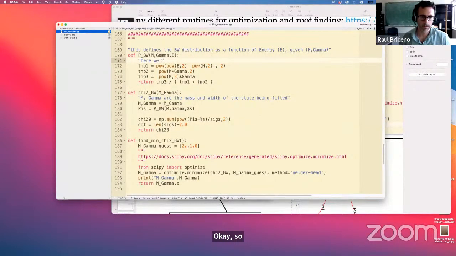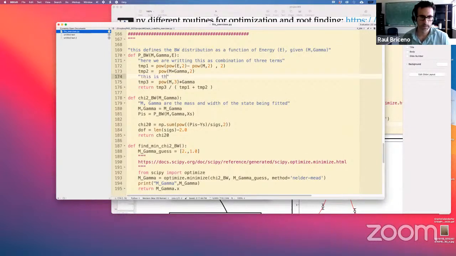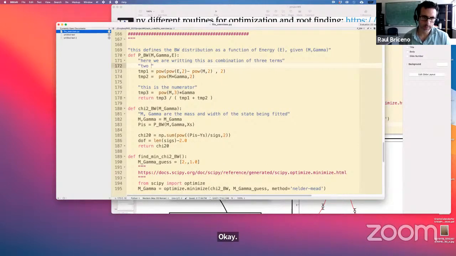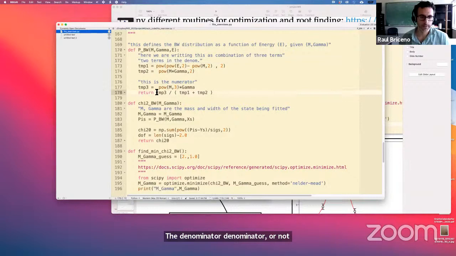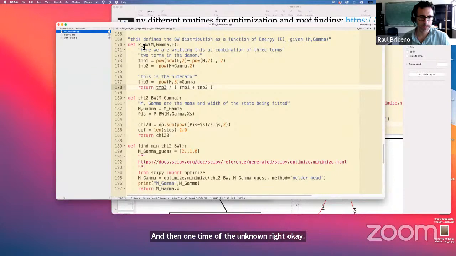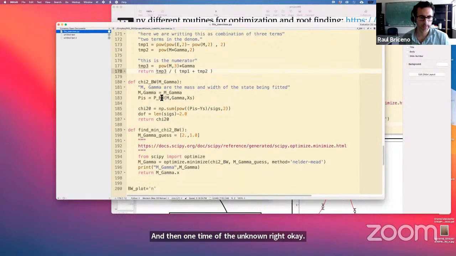Here we are writing this as a combination of 3 terms: 2 terms in the denominator, and 1 term in the numerator. So this is a Breit-Wigner distribution, right? Then this gets called over here. You see it, right?